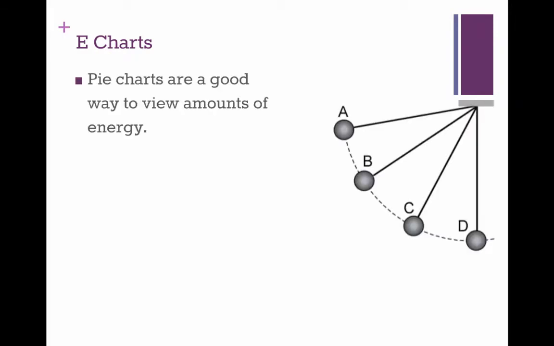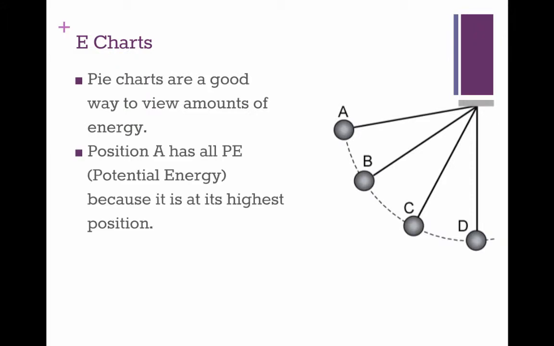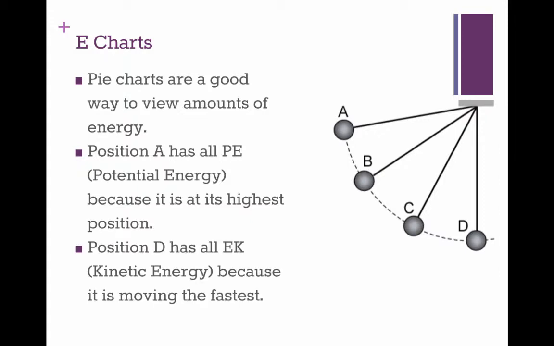So we're going to start by looking at the charts. A pie chart is a very good way to visualize the total amount of energy available. Position A, we said, was all potential energy because it's at its highest point. And position D was all kinetic energy because it is moving the fastest.